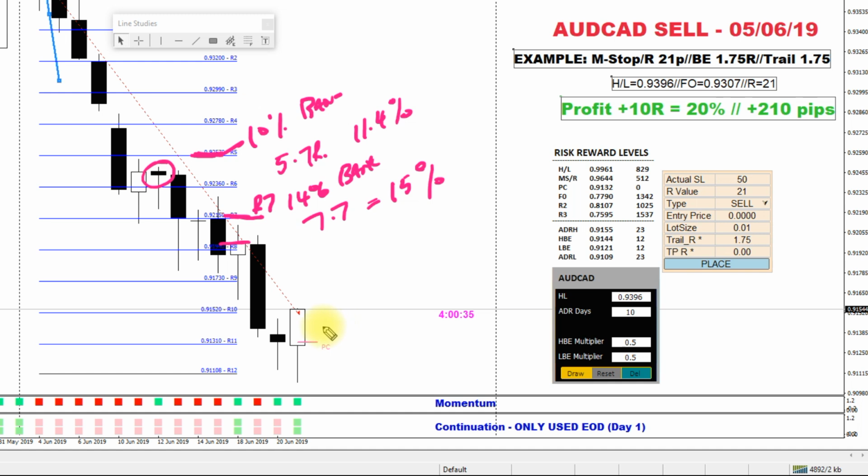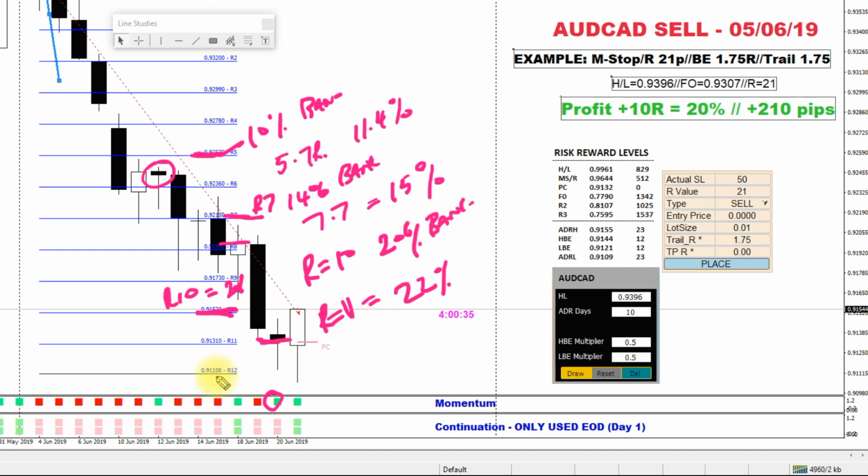We decided to continue and price came down, and again we got the weakness there, and it would have been near, let's just say R11 or 22%, but our stop was at R10, which was 20% in the bank.